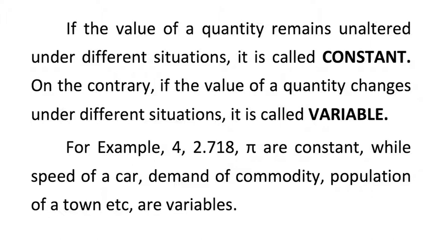If the value of a quantity remains unaltered or unchanged, then we say the quantity is constant. And if under certain situations the quantity changes, then it is referred to as a variable.